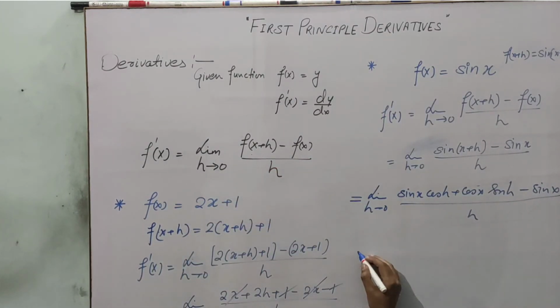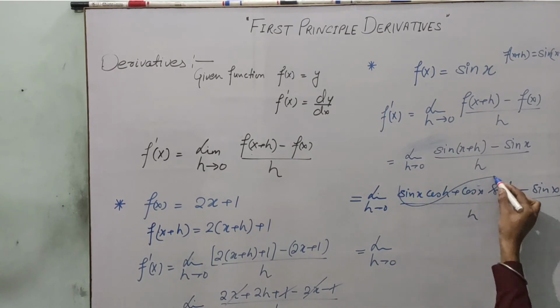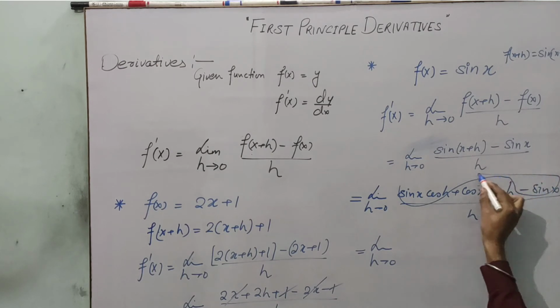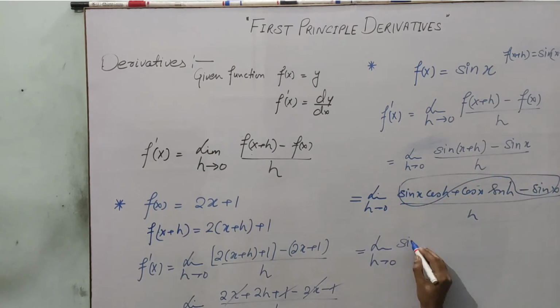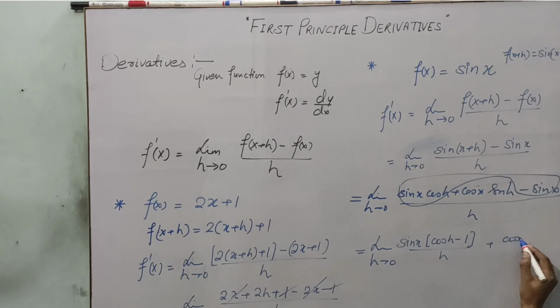Now see, limit of h tends to 0. Out of these two things, what am I able to take common? sin x. What is left? (cos h - 1) whole upon h, plus cos x sin h upon h.